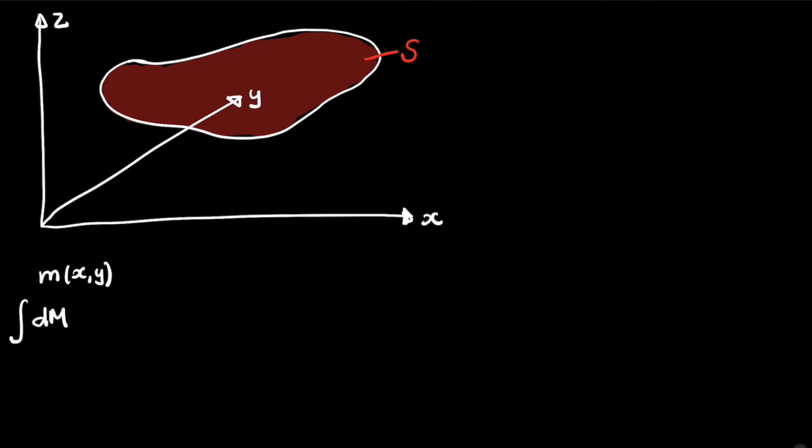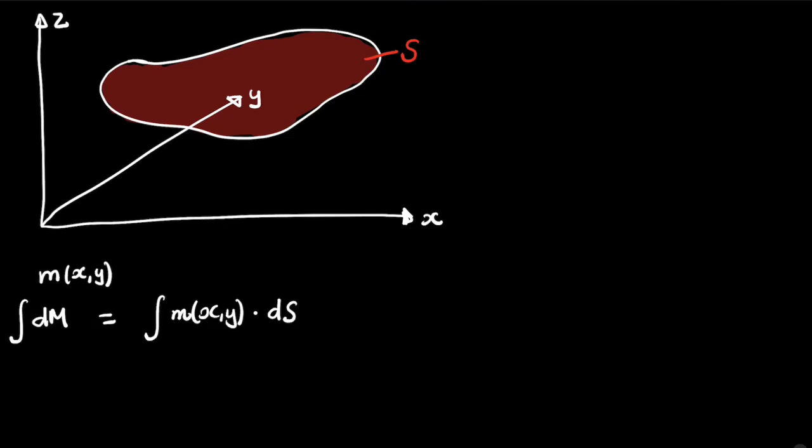And the little masses we just said was this mass density function multiplied by, instead of dl, which is the line element, a surface element, ds, right here. So this is basically the two-dimensional equivalent of what we just said earlier.